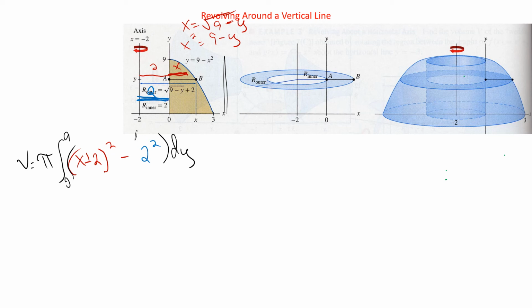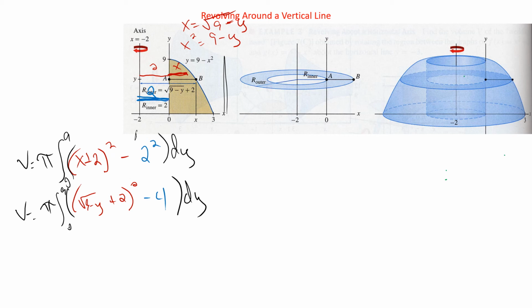So we're going to have the square root of 9 minus y plus 2 squared minus 4 dy from 0 to 9, pi, volume equals. Multiply it out.